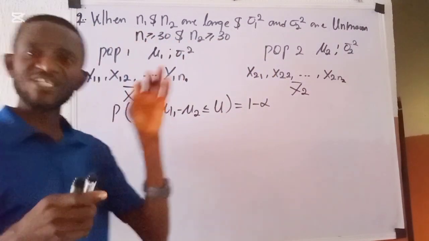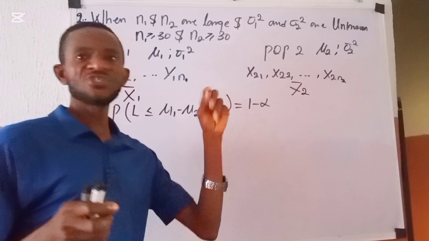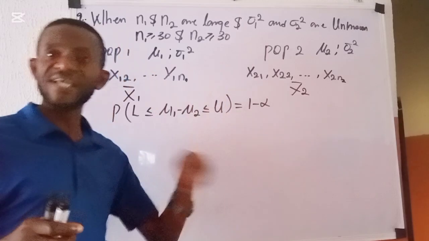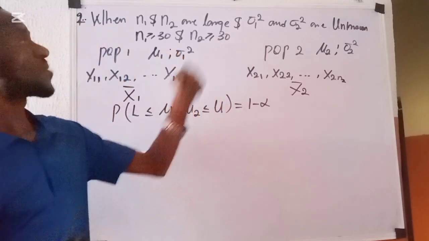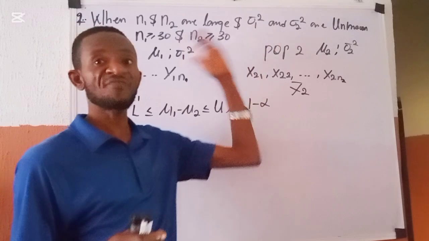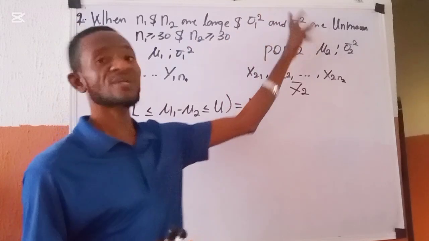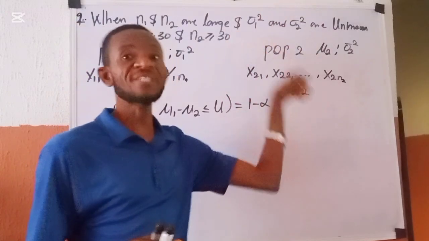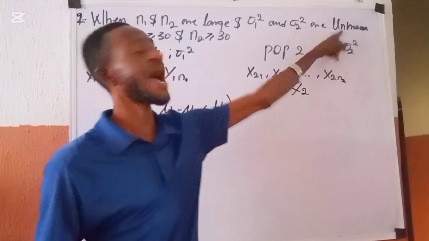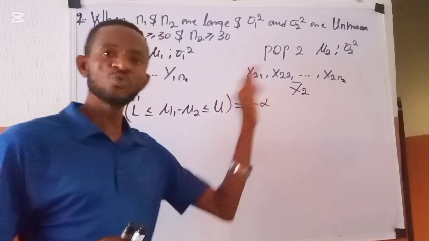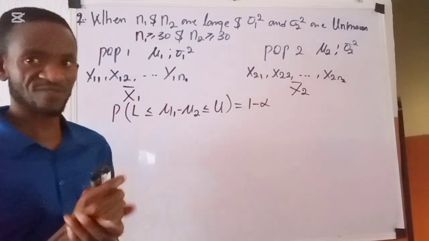So the only thing that changed from condition 1 to condition 2 is that in condition 1, the values of sigma 1 squared and sigma 2 squared were known. But this time around, their values are unknown. How do we do this time around?